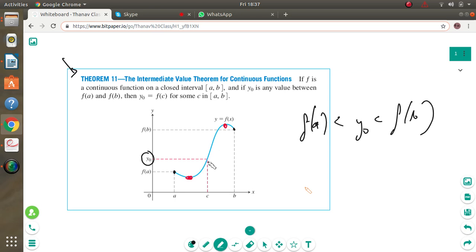So y0 is lying between this point and this point, therefore y0 is f of c, where c is the point that will lie between a and b, in the closed interval a to b.